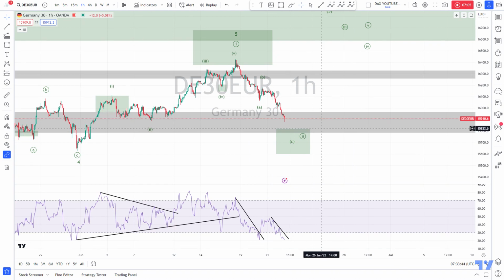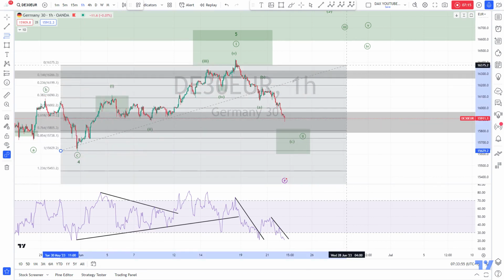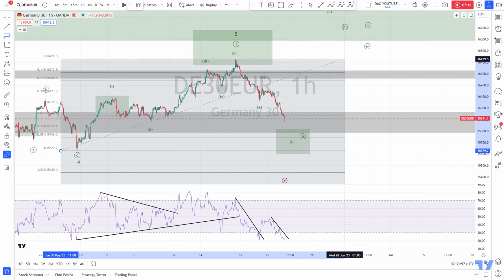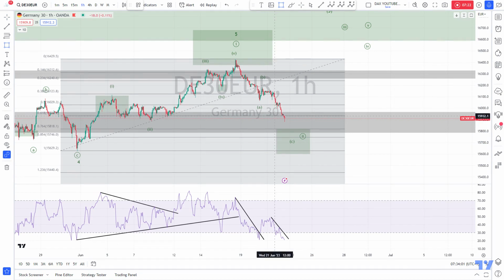Now we can also look at our wave 2. A wave 2 ends between the 0.5, which is here, and the 0.854.